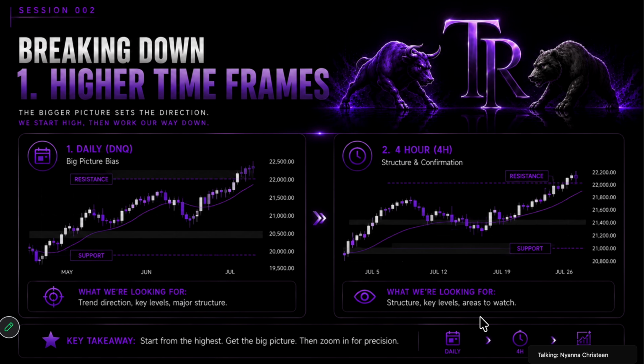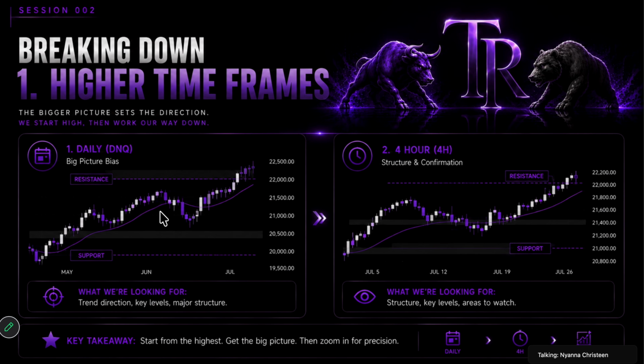If our daily time frame and our 4-hour time frame are both showing, let's say, strength to the upside, like they're both showing a bullish market, then I'm not going to spend the rest of my trading session looking for sales. If the higher time frame says buys, I'm looking for buys. I'm not looking for sales, because that's basically setting the tone of what I'll be doing today.